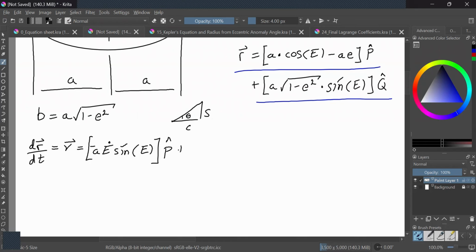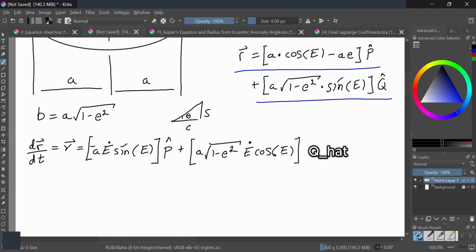We will then add to it a constant, a times the square root of 1 minus e squared times e dot times the cosine of E. And similarly, when theta is increasing, sine will increase by the value of cosine, so that stays positive.